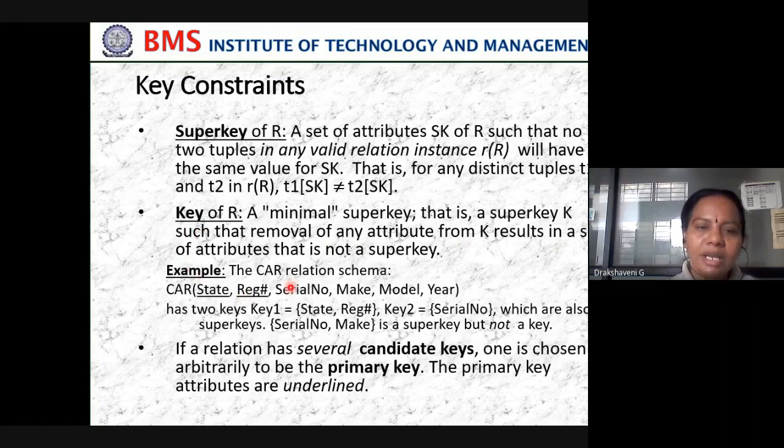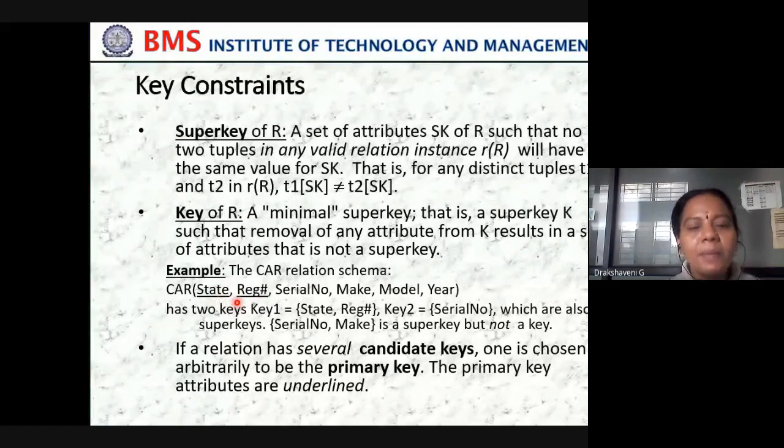So that's what is called a key of a relation. Let us take an example, the car. In the car, which state it is and the register number. These two I am calling super keys. Again, in these super keys, the minimum I may take is the register number.